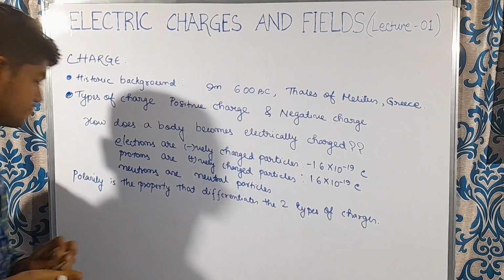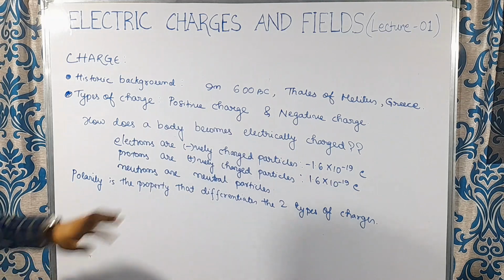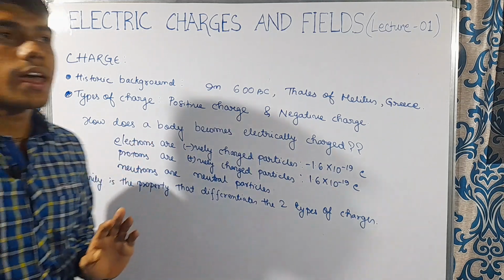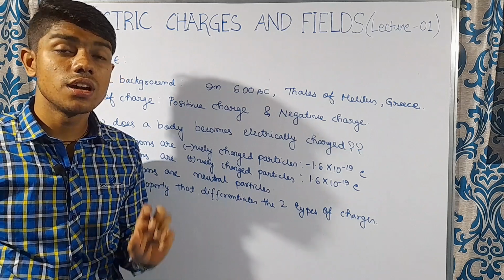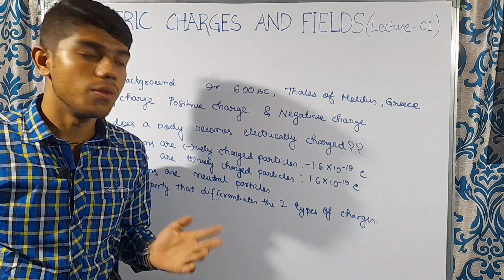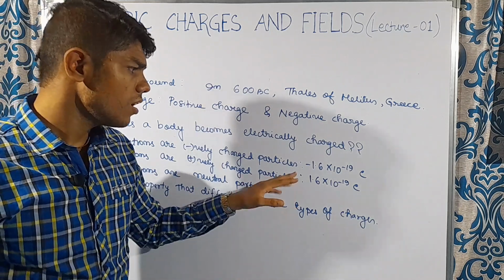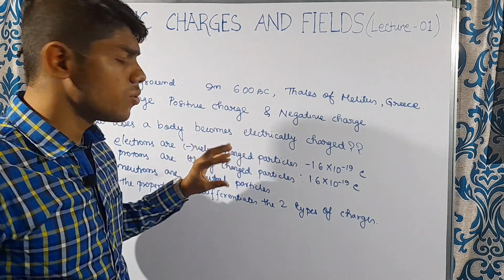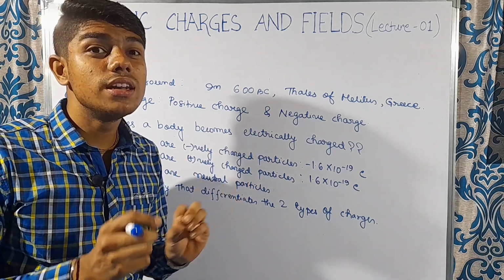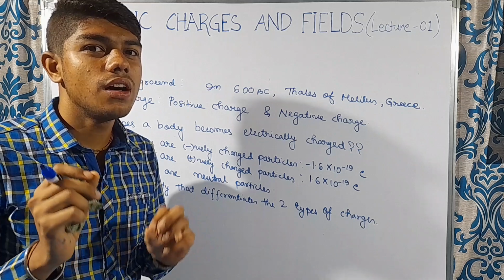Understood? So we can say that electrons and protons have the same magnitude of charge but of opposite polarity. That's why they will behave in the opposite way.